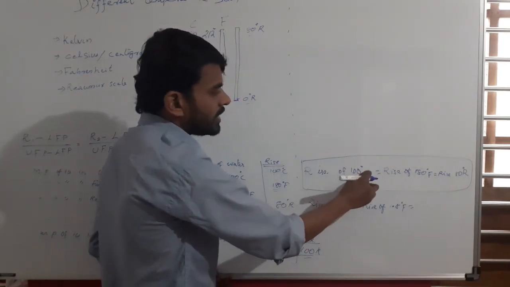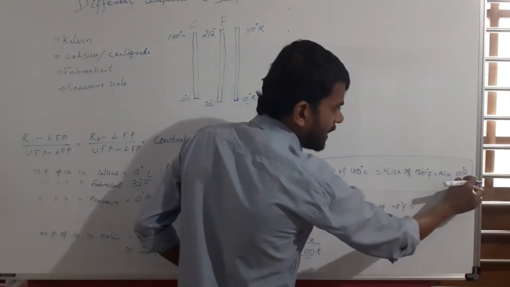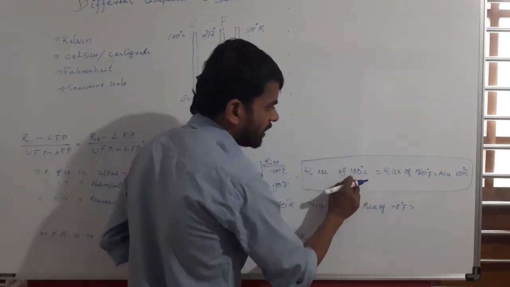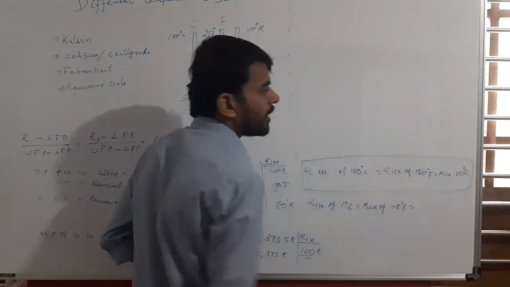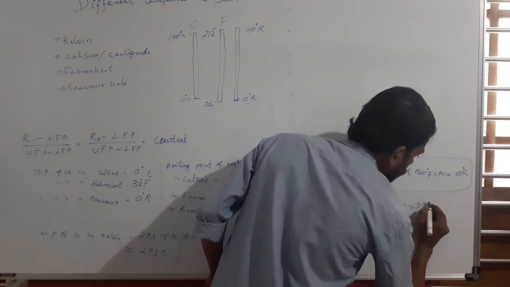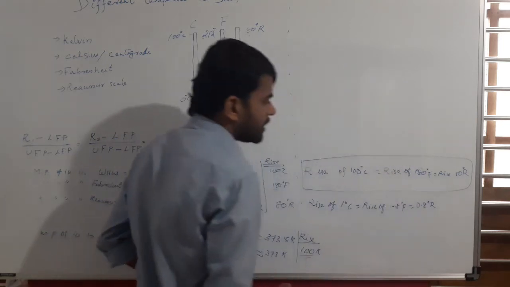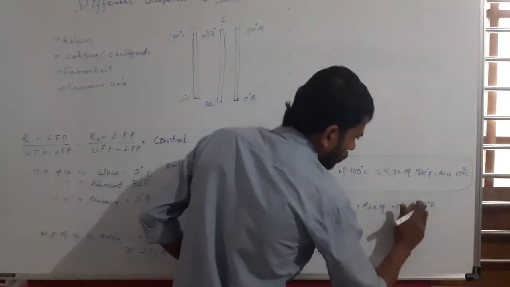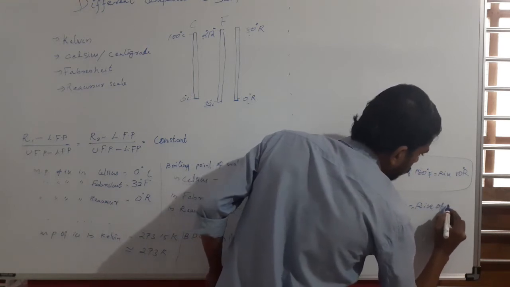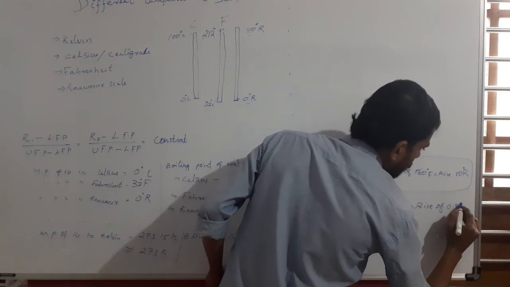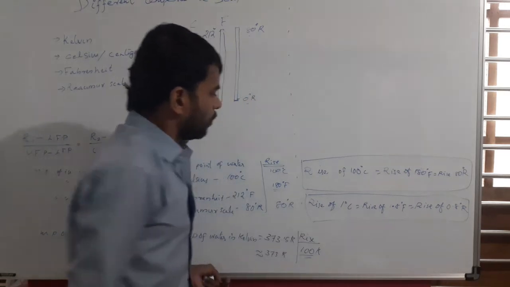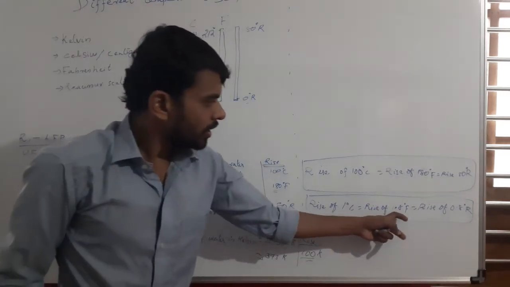Here when it was raised 100 degree Celsius, it is equivalent to 80 degree Romer. So for raising 1 degree Celsius, we also have to divide by 100 here. So 80 divided by 100 is 0.8, so a rise of 0.8 degree Romer.